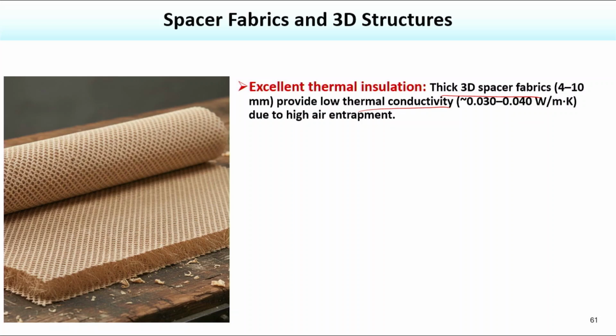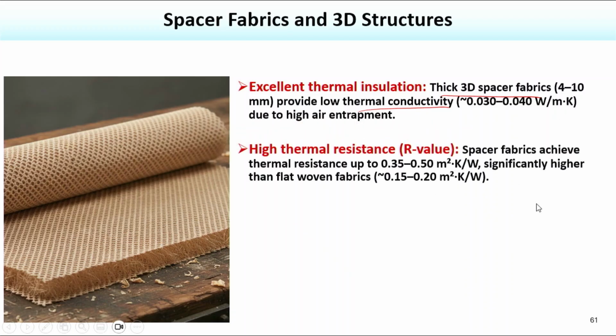The thermal conductivity is as low as 0.03 to 0.04 watt per meter Kelvin. High thermal resistance value because of the air entrapment. Air's thermal resistance is much higher than any fiber.